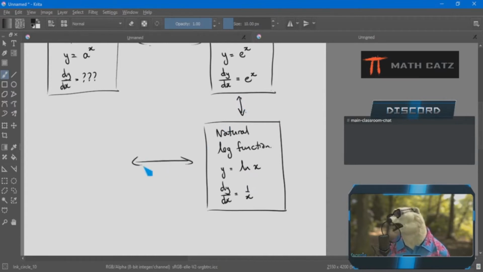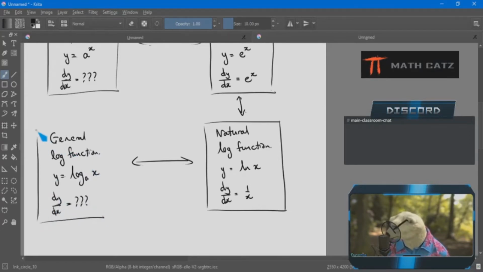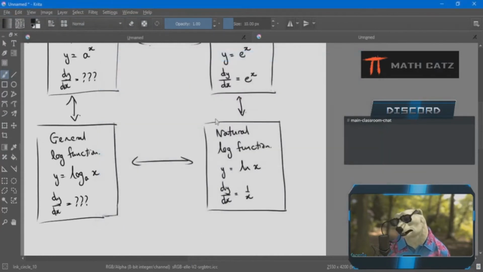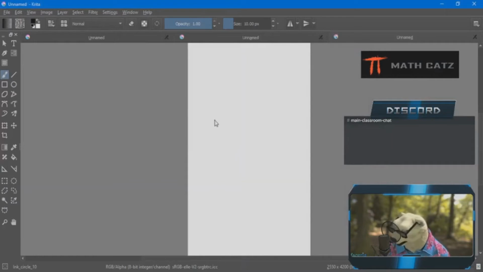Then we saw that I should be able to go back and change the base for this natural log function as well, shouldn't I? And then we name it appropriately to keep track of what the base is. And of course, I don't know this derivative at all. Okay. So we have some things left, but not too much. I just want to be aware of the relationship between the general exponential and log functions before we go for that derivative.